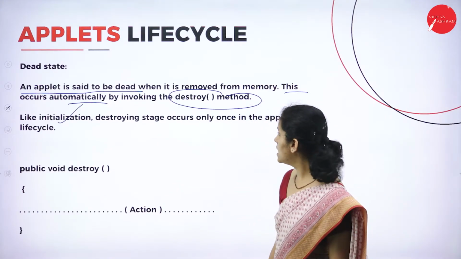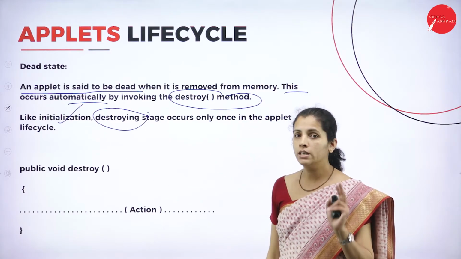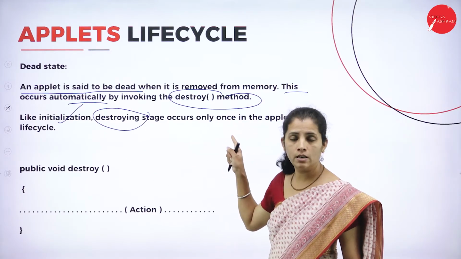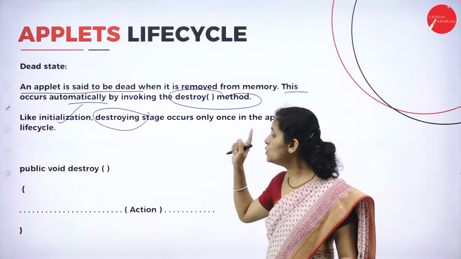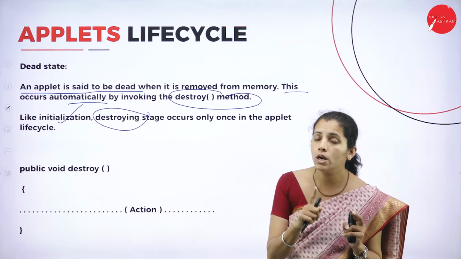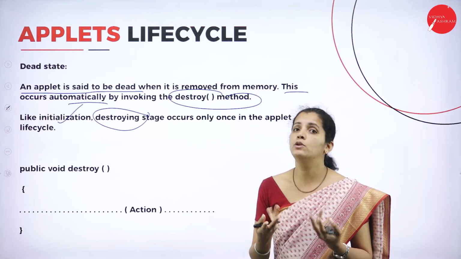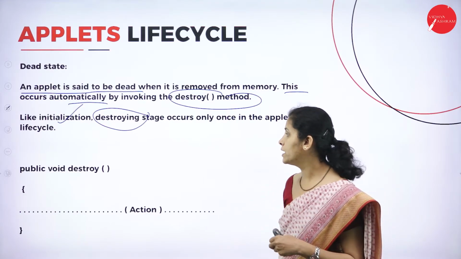So like initialization, the destroying state occurs only once. So dear student, please remember here that I can use init method as well as destroy method only once. But what about stop and start? I can use them n number of times.